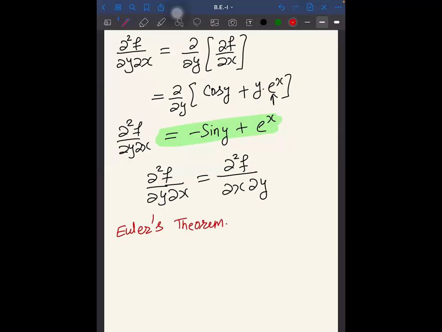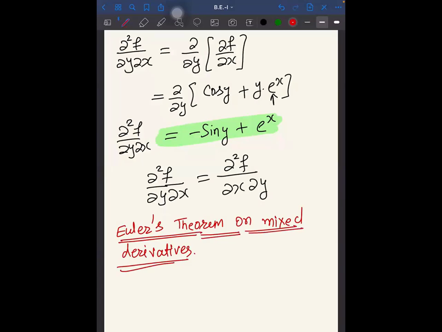Euler's theorem on mixed derivatives. I'll state only that part so that you keep in mind when these two things come out to be the same. As I'm telling you, most of the time in our course, we'll restrict ourselves to the cases where curly square f upon curly y curly x is equal to curly square f upon curly x curly y.